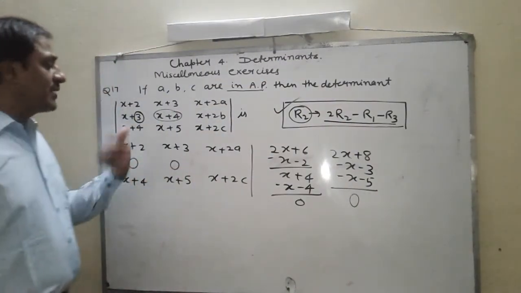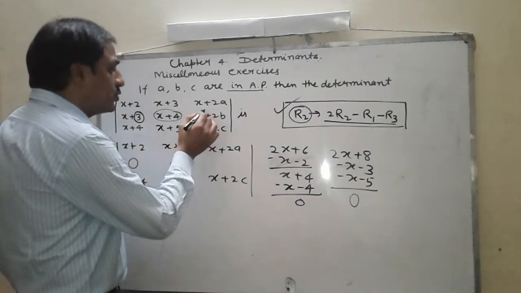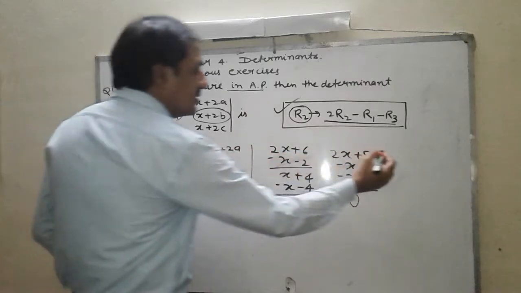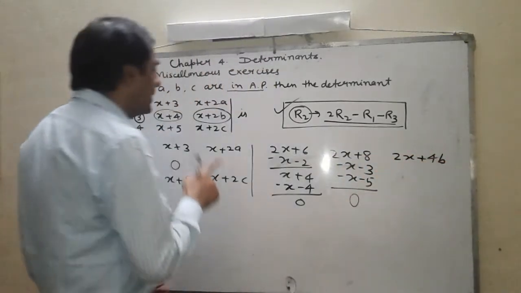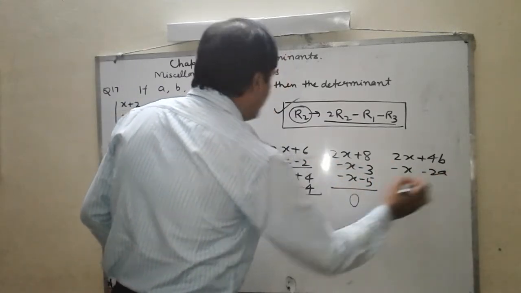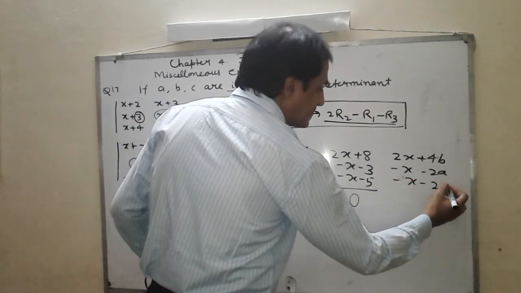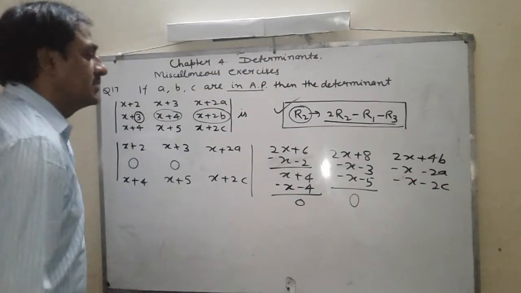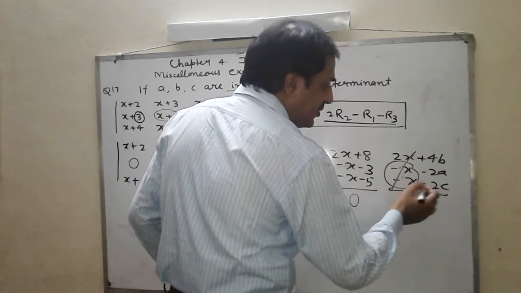Now I am going to write the value of the last element. 2 times of this means 2x plus 4b, minus x minus 2a, minus x minus 2c. 2x minus 2x will be 0.